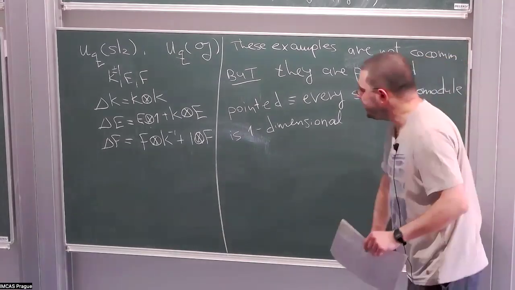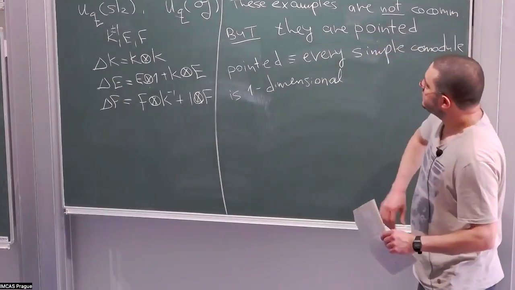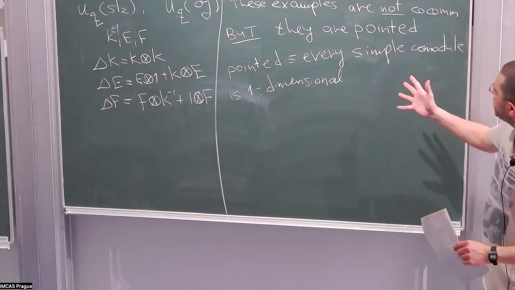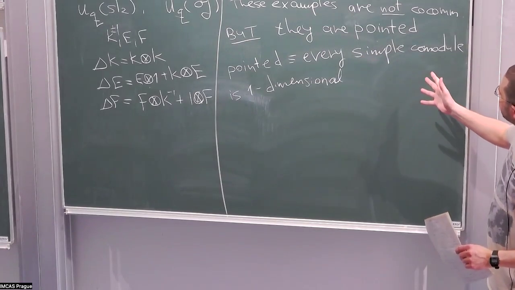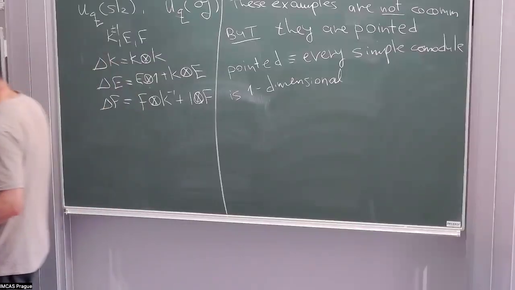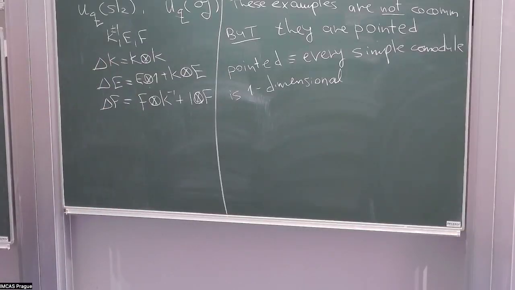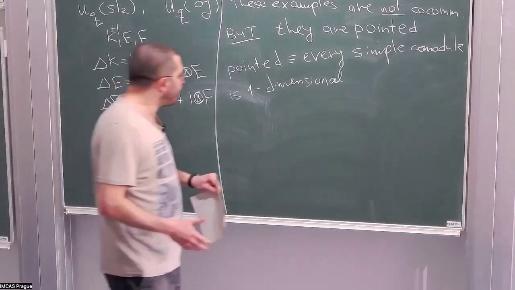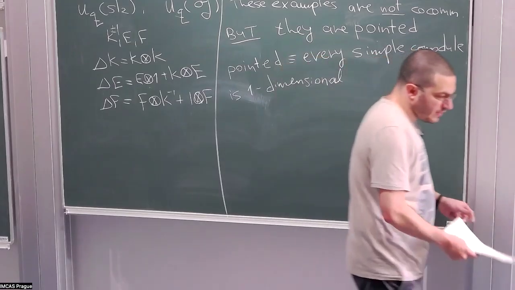Okay, so what's the idea? If you have a commutative algebra, every simple module will be one-dimensional. If you have a co-commutative coalgebra, every simple comodule will be one-dimensional.